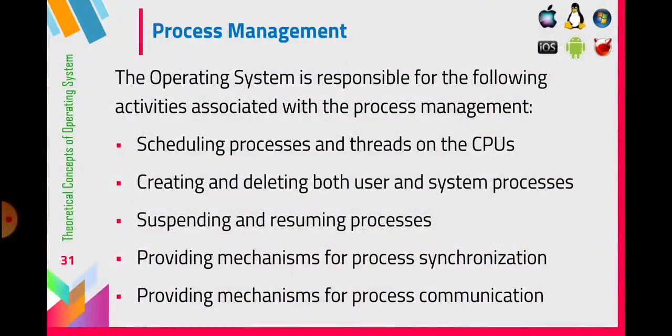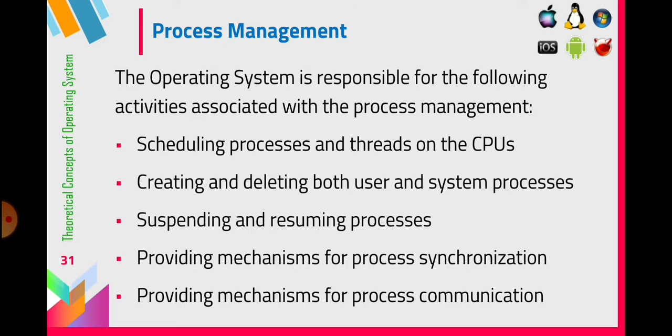The operating system is responsible for the following activities associated with process management: scheduling processes and threads on the CPUs. Scheduling means that before processing the jobs, they first prepare a schedule. Which job can be processed first?